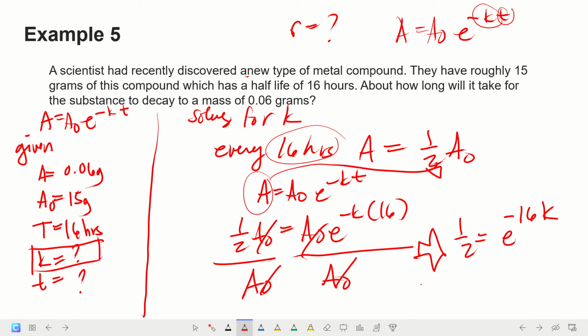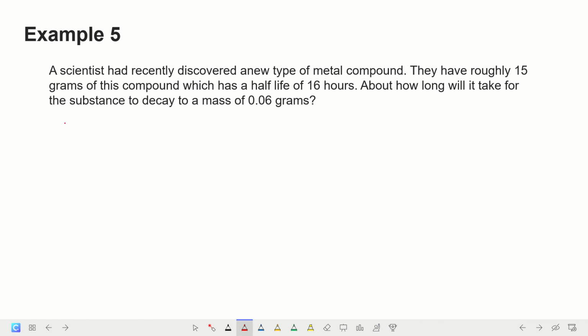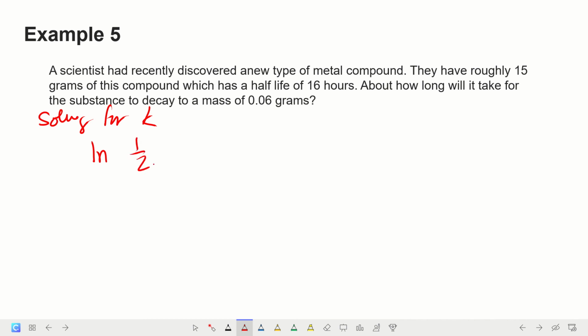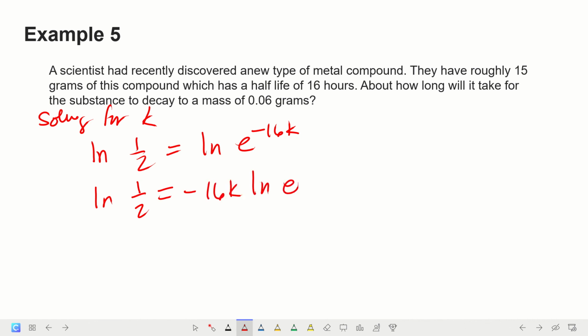So, we can now express this in logarithmic form. We are still solving for k. So, we have natural logarithm of 1/2 is equal to the natural logarithm of e raised to negative 16 times k. So, expand this equation. So, we'll have natural logarithm of 1/2 is equal to negative 16k times the natural logarithm of e.